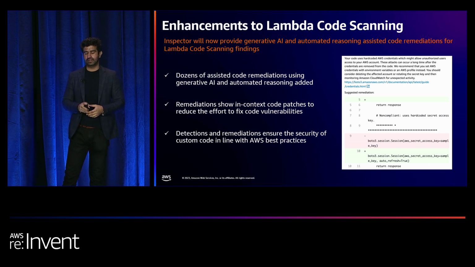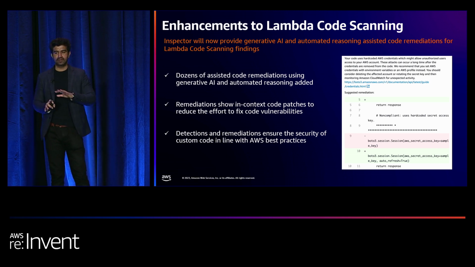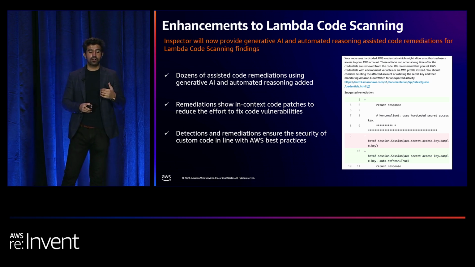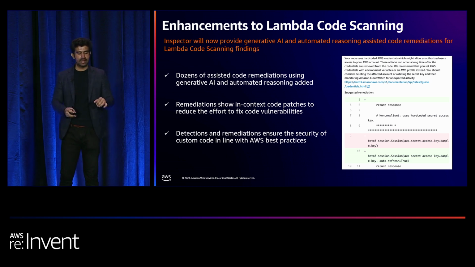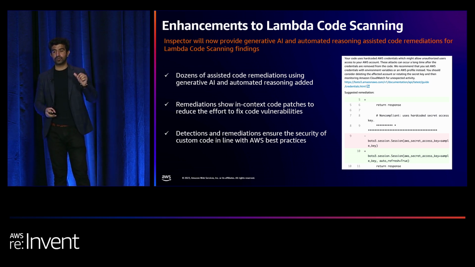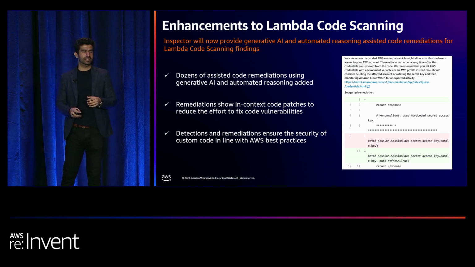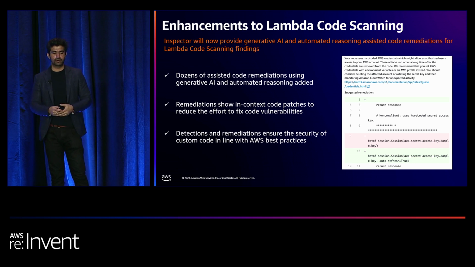With this launch, without any manual action, you don't need to do anything. This is automatically opted in. Now, we also provide you Gen AI-assisted code patches. So as you can see on the screen, on row 9, you can see what to remove and what you can just copy-paste. Your developers can literally copy-paste this code into your source code repository, and it will fix your vulnerabilities.